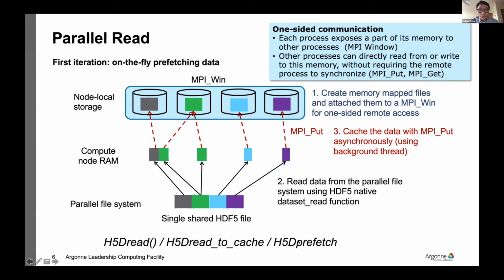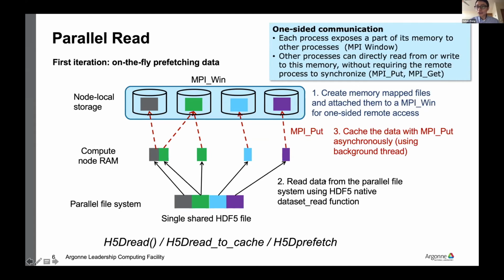And the other key design here I want to emphasize is that, as I mentioned, these non-local storages are detached from each other. They are not connected into a unified piece of storage. So it is challenging to access remote non-local storage. The way we accomplish this is by using one-sided MPI communication.